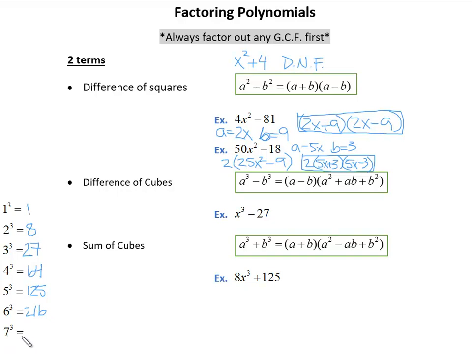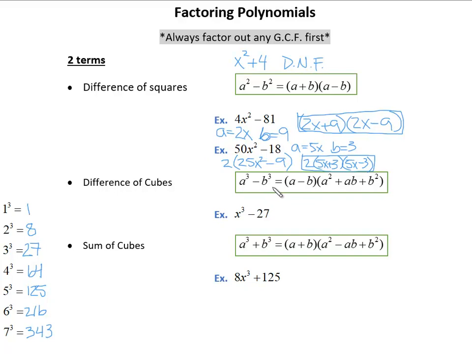And 7 times 7 is 49. Times 7 again ends up being 343. So you probably haven't seen these numbers a whole lot, but these are perfect cubes. And so if you end up seeing them, hopefully you're thinking in your head that that's a cube. And if we have 2 terms, maybe it fits this sum or difference of cubes pattern. Okay, and the nice thing is they're actually very, very similar if you look in their setups.